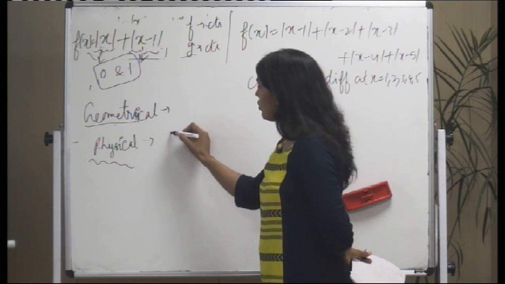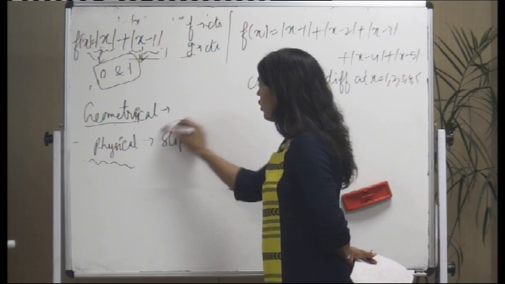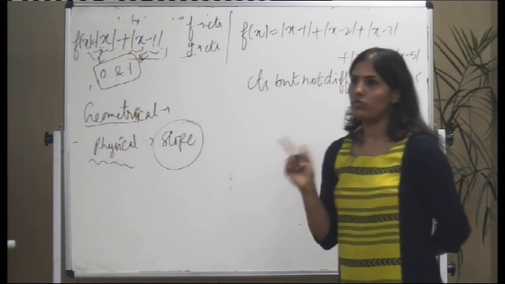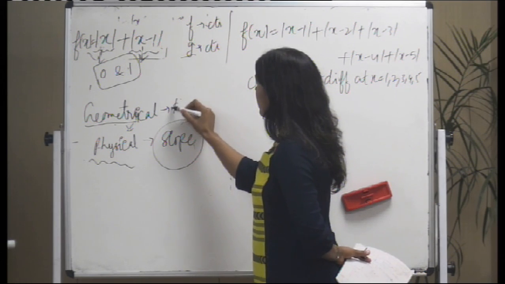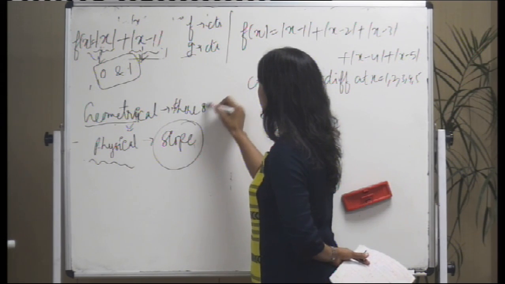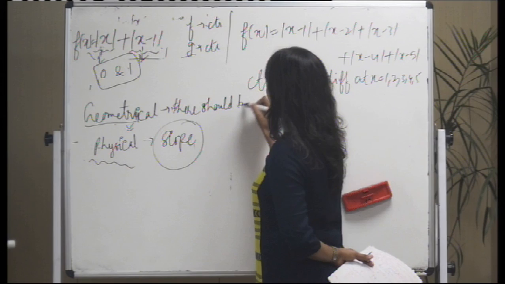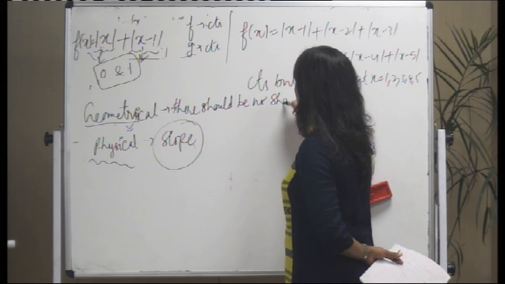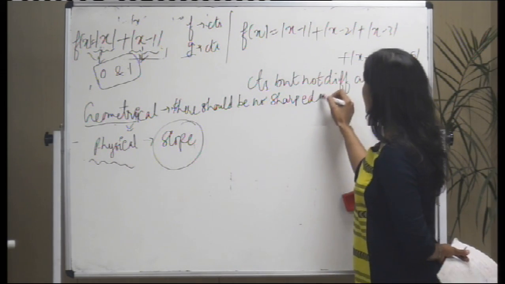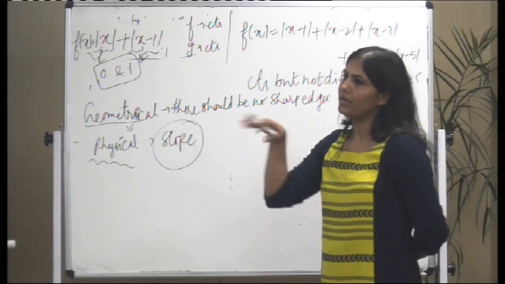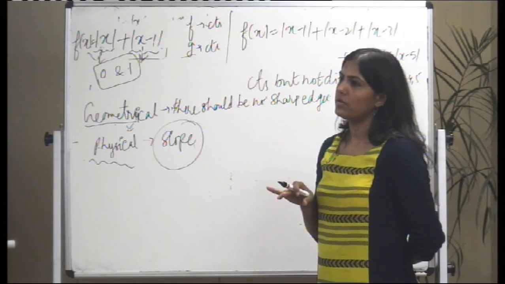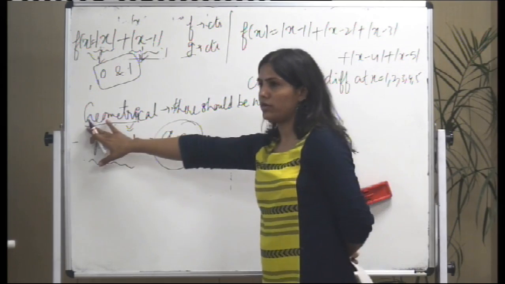Geometrically there should be no sharp edges. It will be clear that if the function is differentiable, the graph has no sharp edges. That is the geometrical importance.